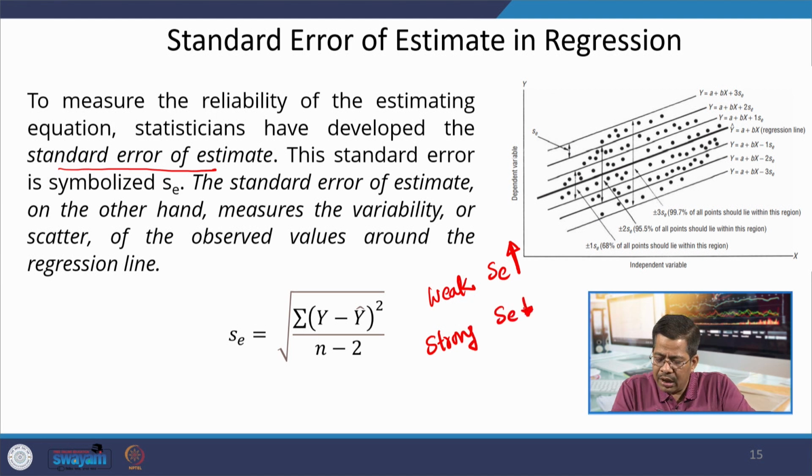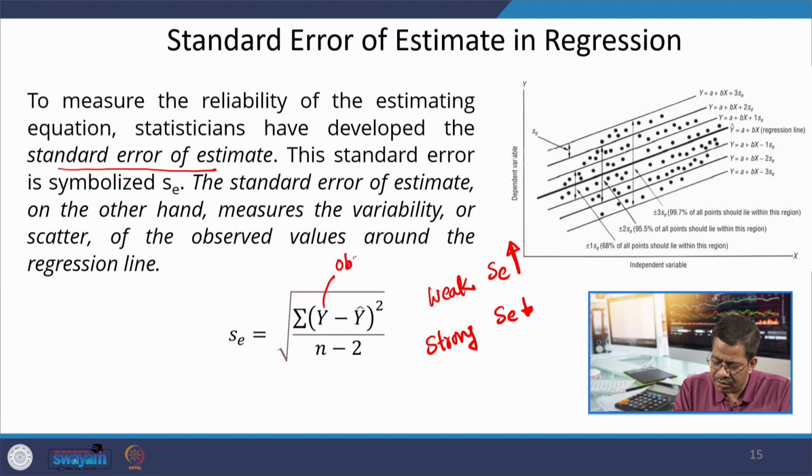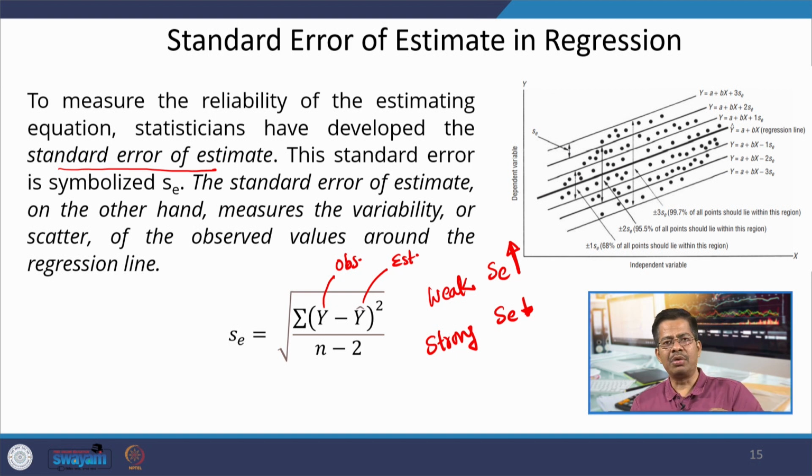If you see this y and y cap, y is the observed value, y cap is the estimated value. So, with the help of your data, you can calculate this standard error of estimation, and this diagram helps you in understanding this concept that this is the line which is our line of regression.